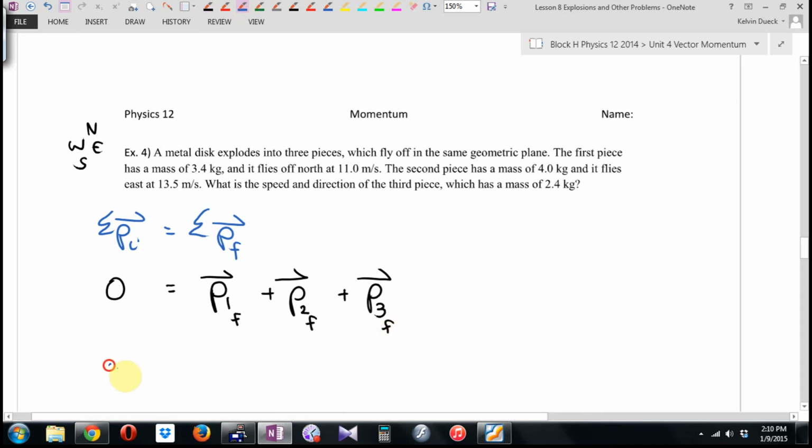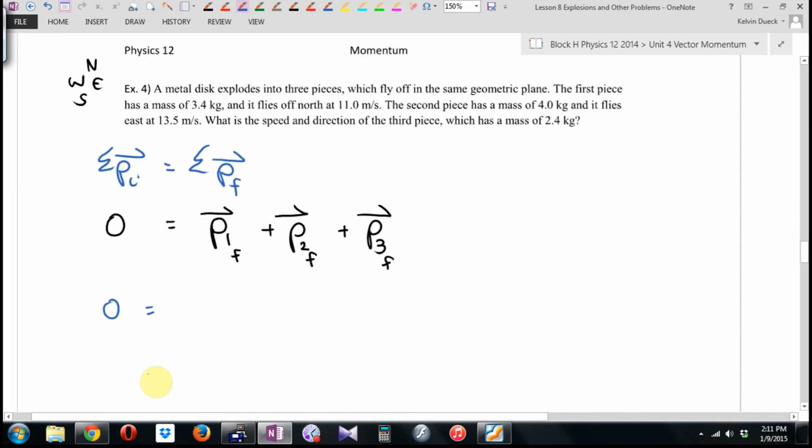So I get this. 0 equals, what's the direction of mass 1? North? How big? Mass times velocity, 3.4 times 11, 37.4?